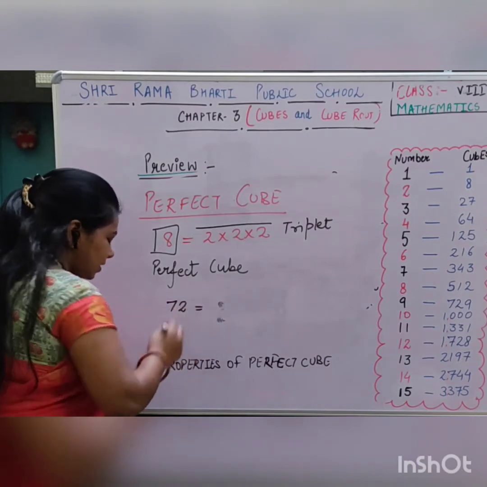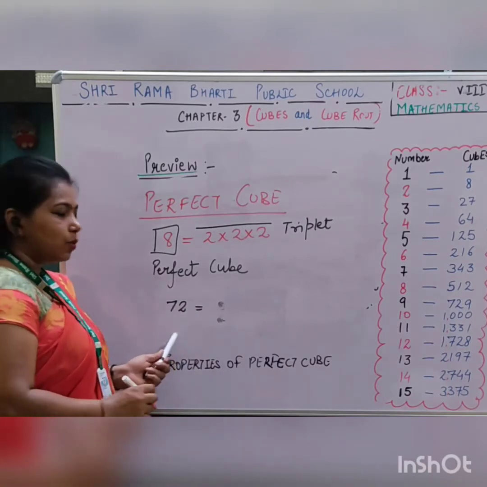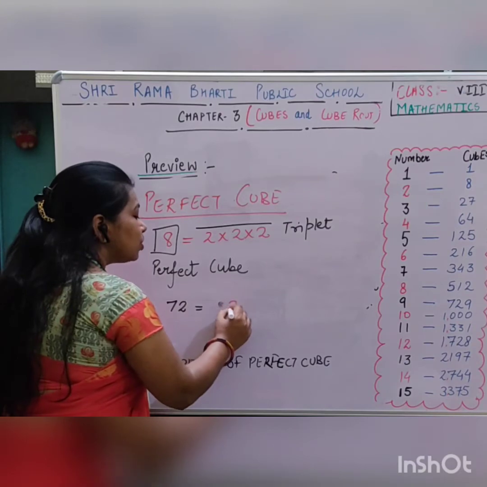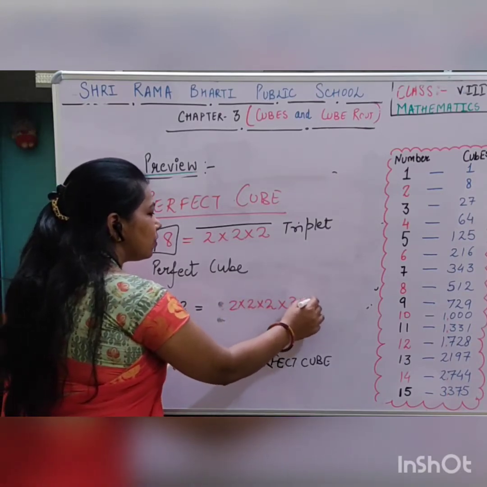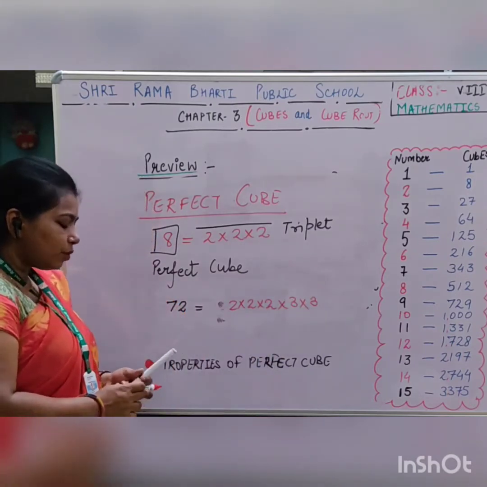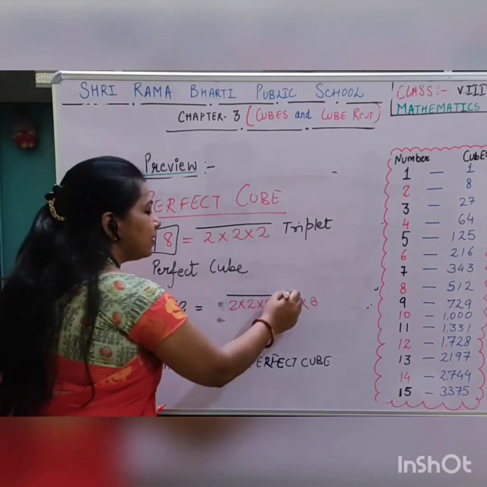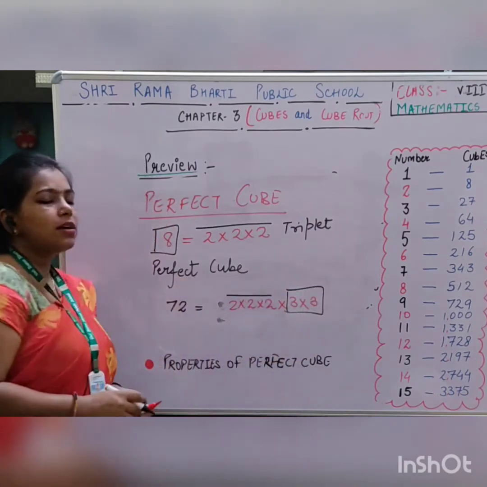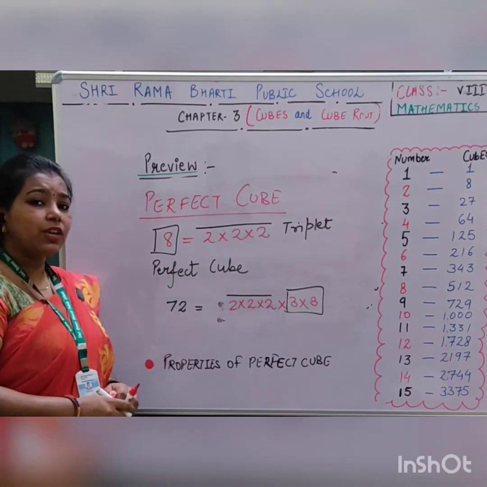We'll take 72. Right? Now, when we prime factorize 72, we will write it as 2 into 2 into 2, 3 into 3. Right? Now, here we have noticed that the 2s are making a triplet, but the 3s are not making a triplet. So, can we say that 72 is a perfect cube?